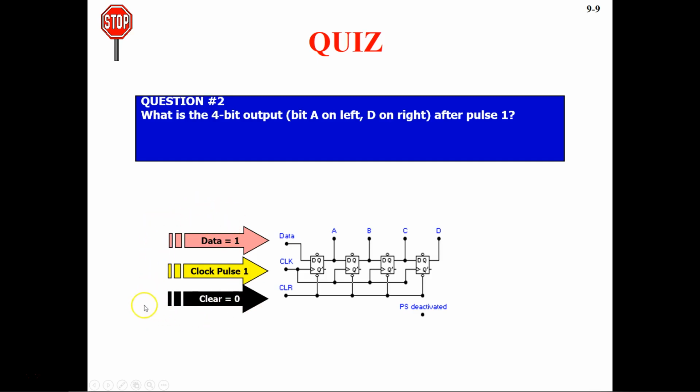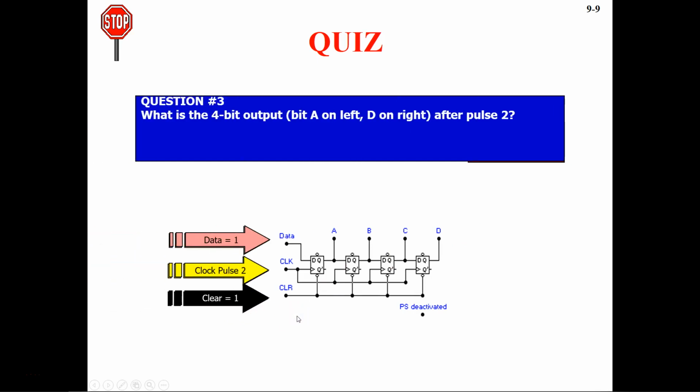This was a little tricky question if you ignore this clear 0. This is active low clear. So if you have 0 here, then you are going to get the output as 0. So the output is going to be 0 0 0 0. The circuit is not yet activated because clear is activated right now.